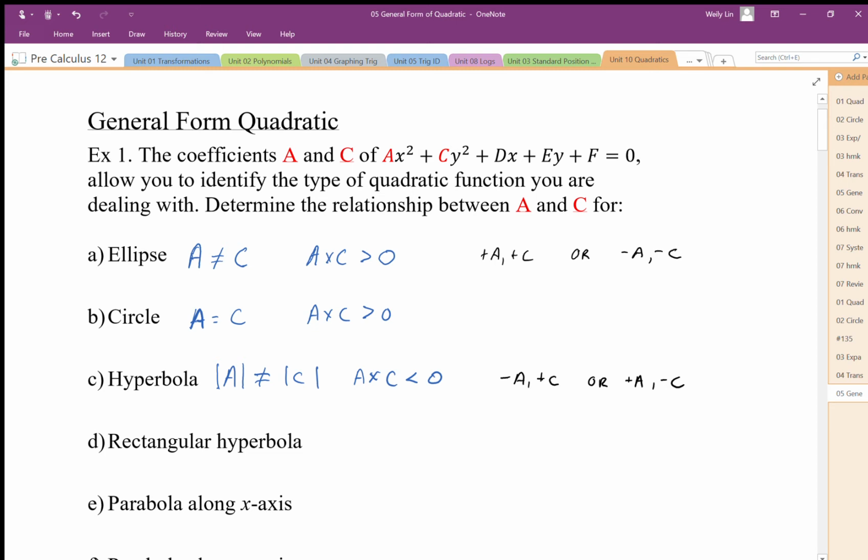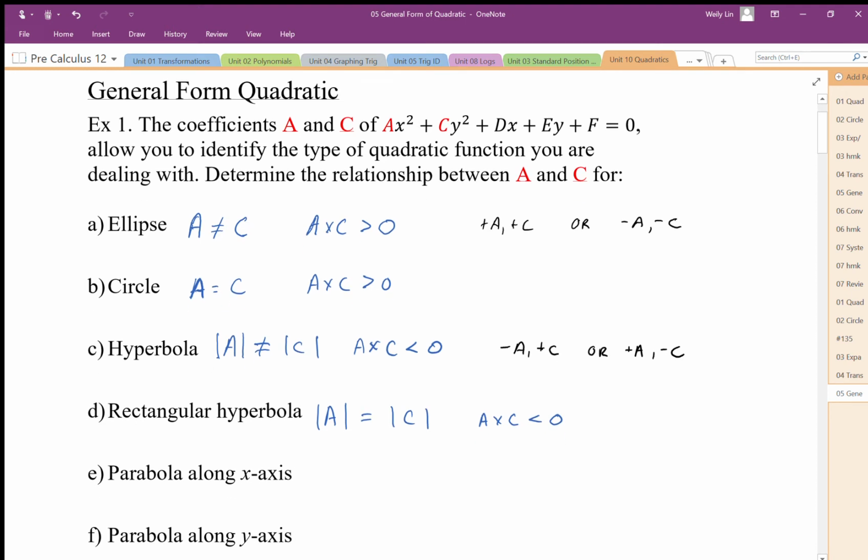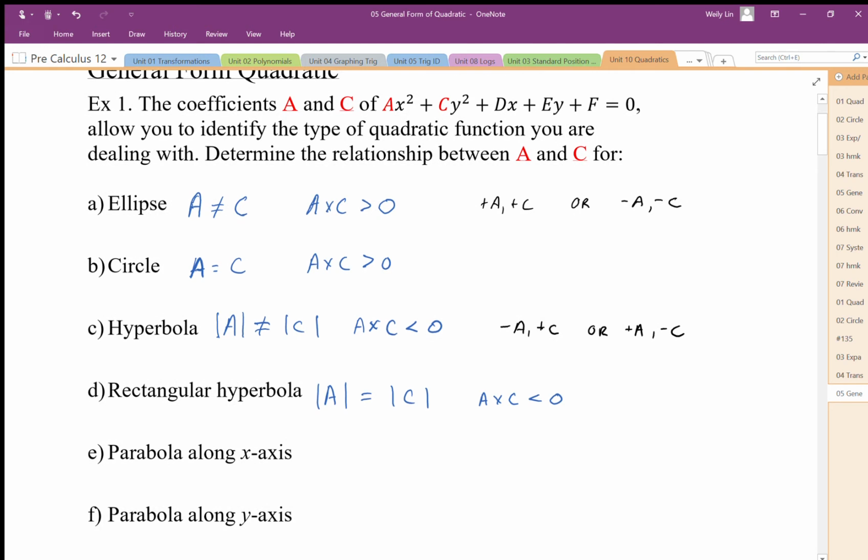And then when we move to the rectangular hyperbola, just like the circle, we need the absolute value of A to equal the absolute value of C. We need those coefficients to be exactly the same, otherwise it's not rectangular. But we still need them to be the opposite sign, so we need A times C to be negative, or less than 0. Those are how we can establish those quadratics.